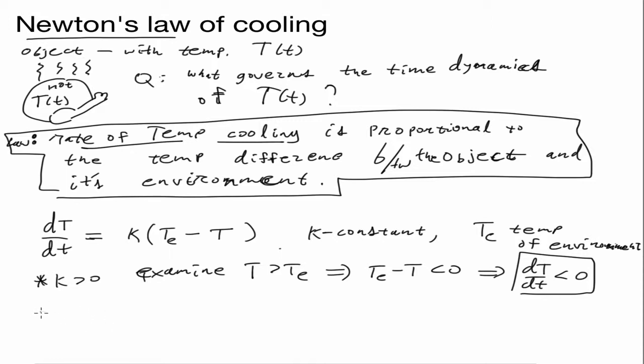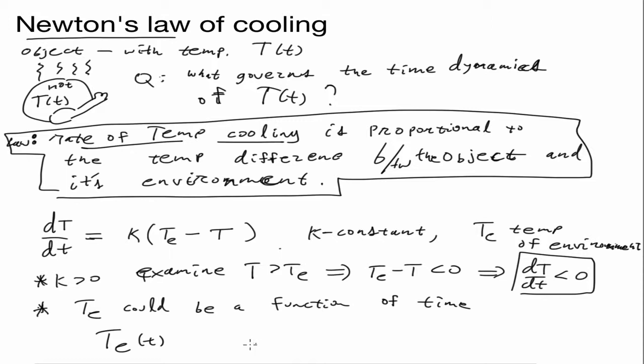Okay, and the other thing to note is that TE could be a function of time. So it could be TE of t. And we can always imagine many scenarios where the environment actually changes temperature over the course of the day, of course.